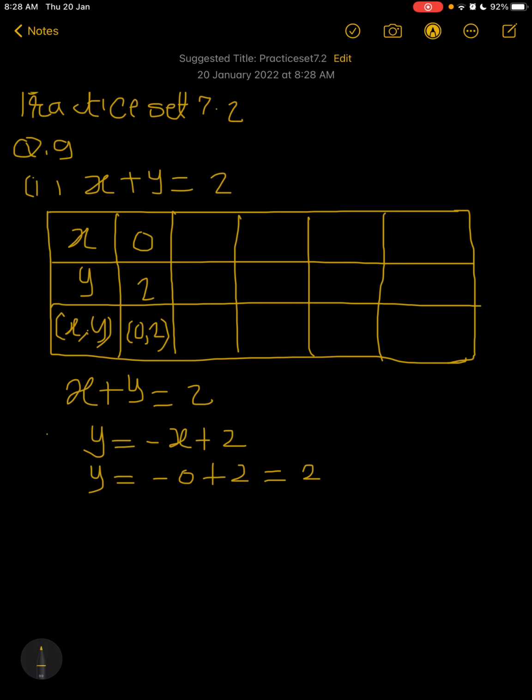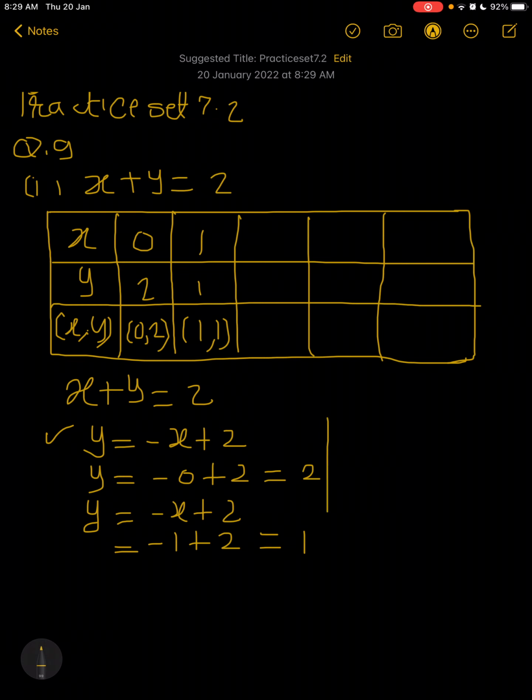Now the same equation, y is equal to minus x plus 2. Now I am writing x as 1. So 2 minus 1. When x is 1, 2 minus 1 gives you 1. So 1 and 1 is the second solution for this equation.